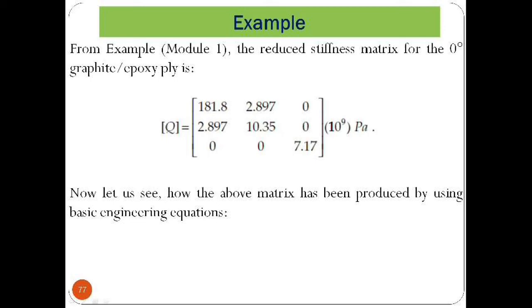So these are the laminae for which for each and every ply we have to obtain this Q matrix, and after that they will be assembled together in order to have the perfect theoretical analysis of this graphite epoxy laminate.